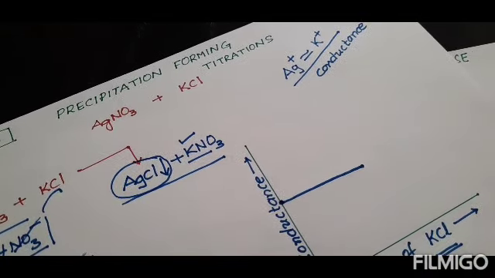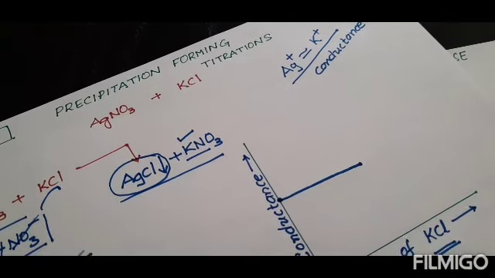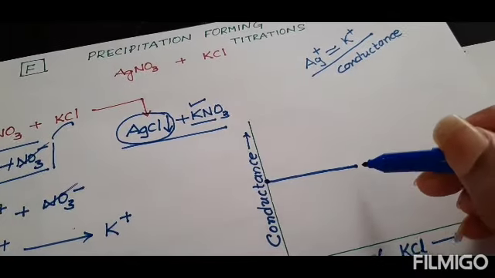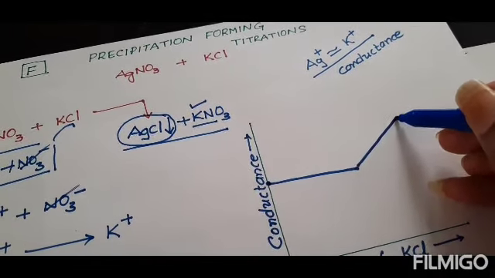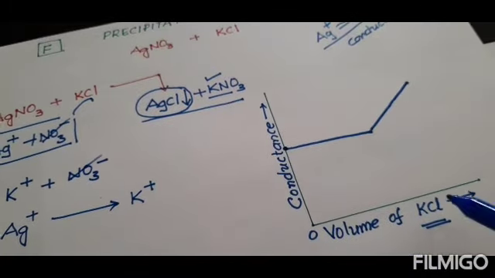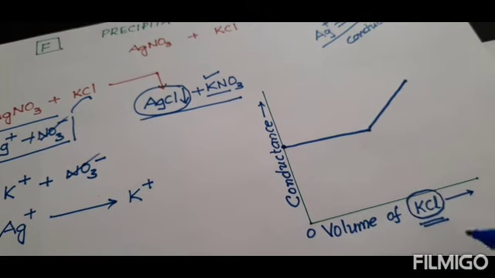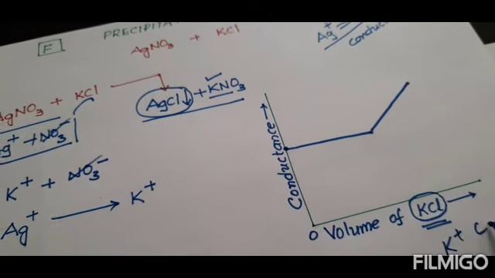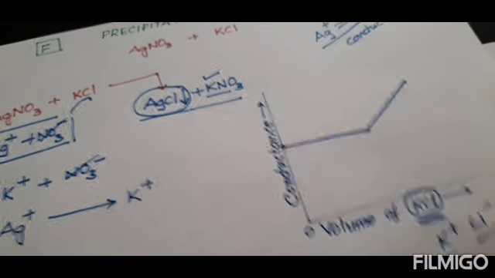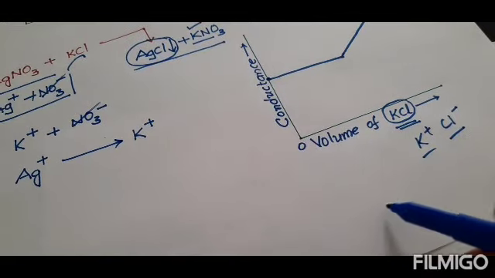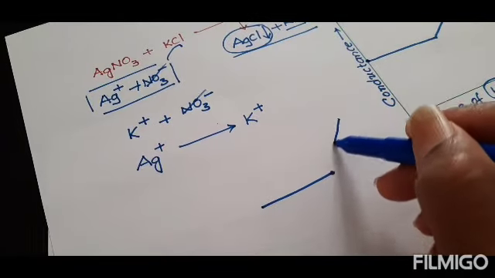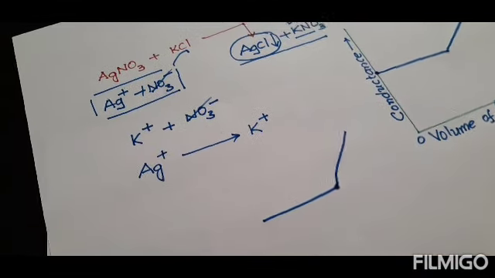After the complete consumption of AgNO3, that means after reaching the end point, the conductance will increase. Why will the conductance increase? Because you are adding KCl, a strong electrolyte. If you continuously add K plus and Cl minus, the conductance continuously increases. So the graph is simply represented like this. This is the way of representation.